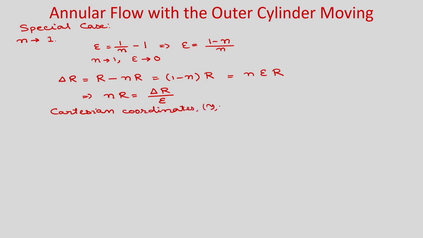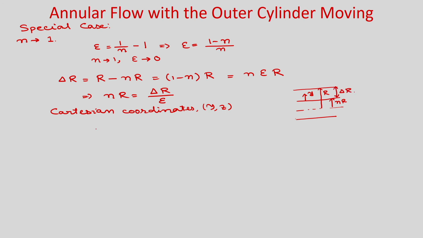Okay. So, with the origin on the surface of the inner cylinder, y we are measuring from here, and this is r, this is nr, and this is delta r.